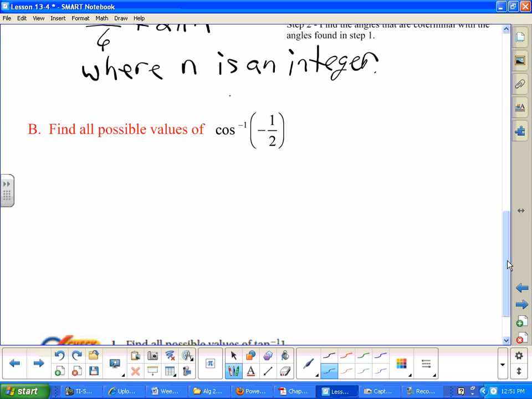On my unit circle, cosine refers to x. And x is negative where? When's x negative on a graph? Okay, in the second quadrant and the third quadrant, right? So I want to look over to the second and third quadrant to see where I get negative 1/2.